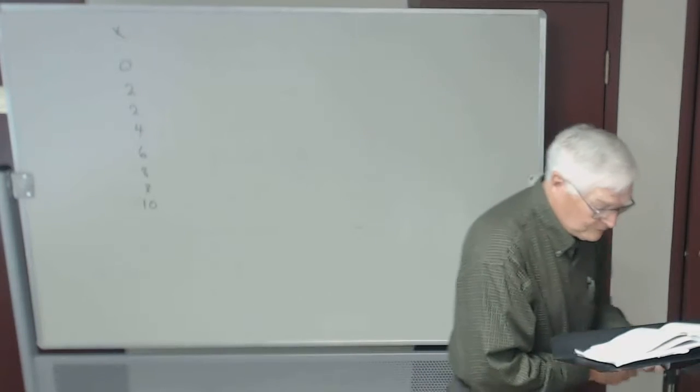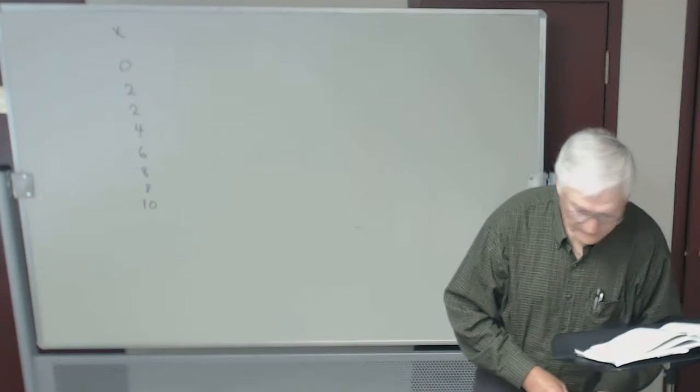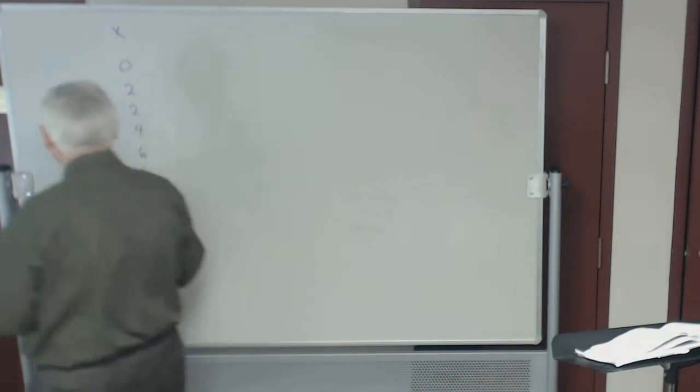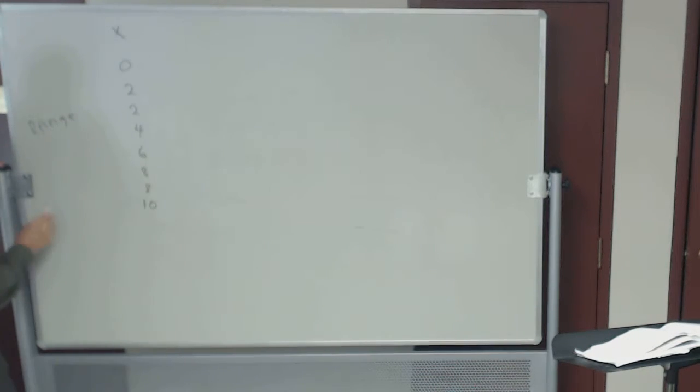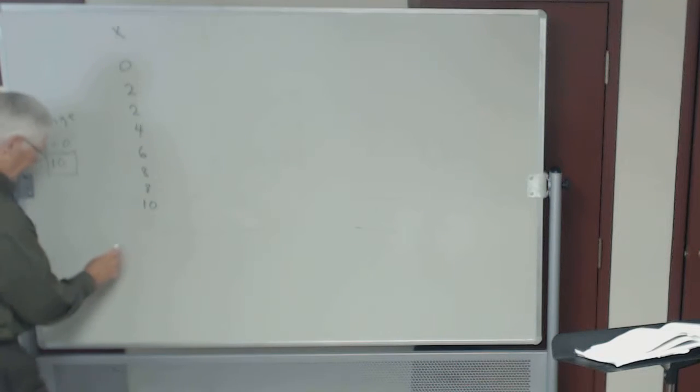So the first thing you have to do is make sure you put them in order. So now I can find the range, right? The range would be 10 minus 0. So the range is 10. Now I need to find the mean.